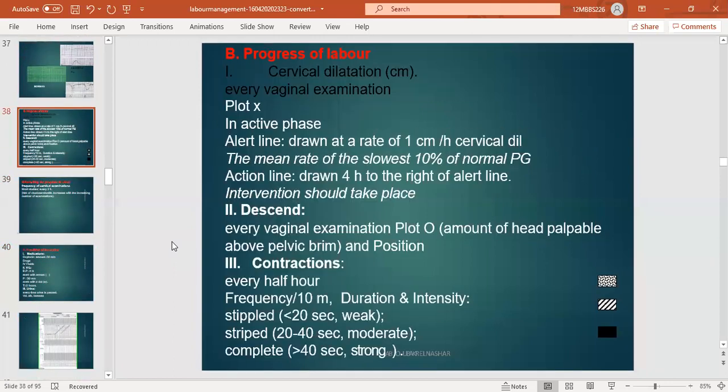Again we will repeat it, the plot is for the dilatation of the cervix in the active phase. On the alert line you will put a cross, and at 1 centimeter per hour you may add the alert. It means the rate of dilatation is slow, 10% of normal for primigravida. Action line drawn 4 hours to the right of the alert line.